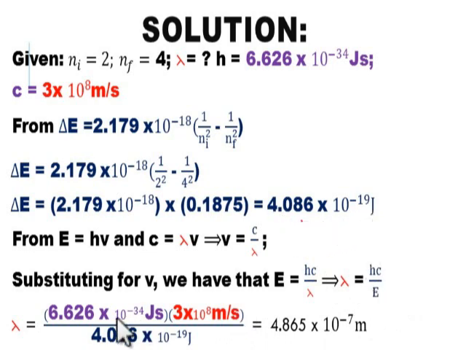So remove this E and put the value here. If you punch the whole of this, you're going to have 4.865 times 10 exponent minus 7 meter. Now, the second and the per second will cancel out. The joules and the joule here will cancel out, and that gives you meter. That's how the unit is meter.